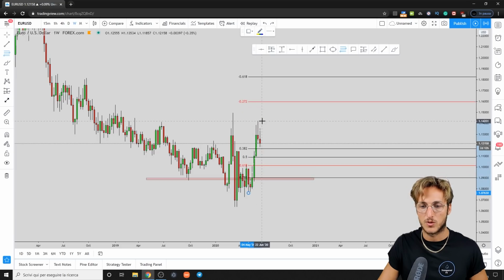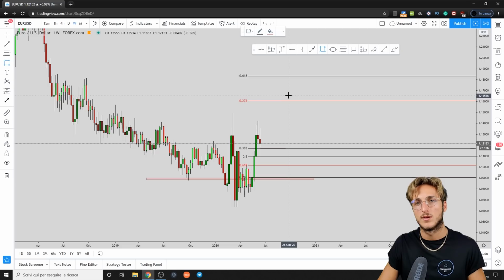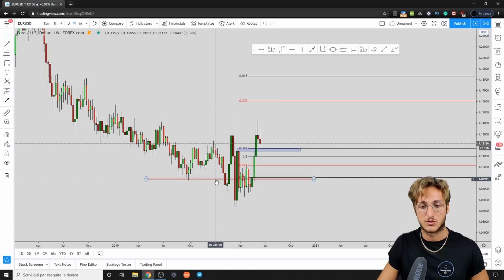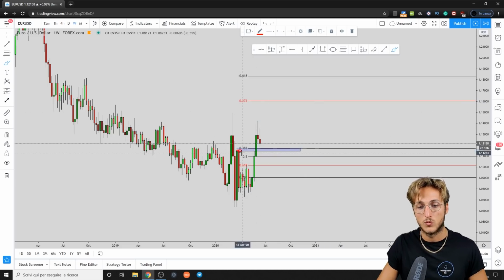Taking your Fibonacci from the low to the high of the impulse, and you will identify a first target to the downside, which is at the 0.382. Now, why exactly the 0.382? Because it's the first structure level that the market encounters. So the first support zone from a Fibonacci perspective, which in this case is also aligning with weekly structure.